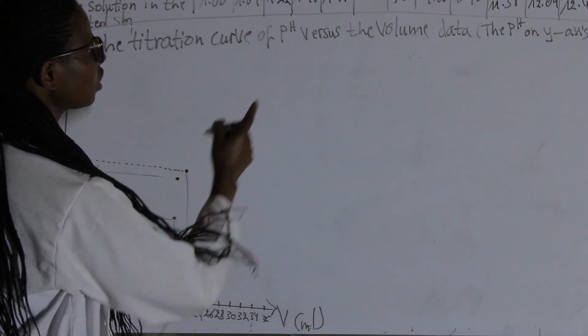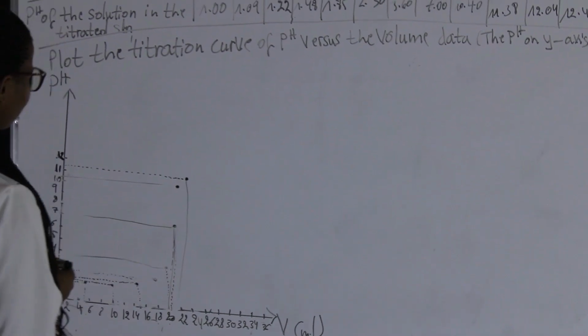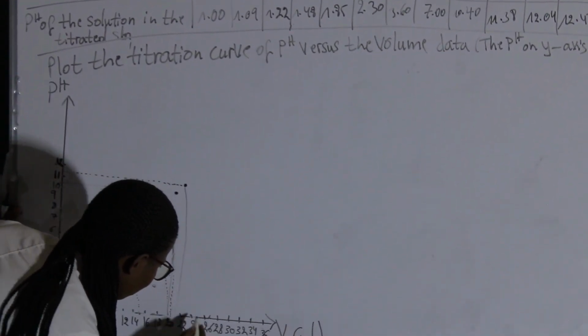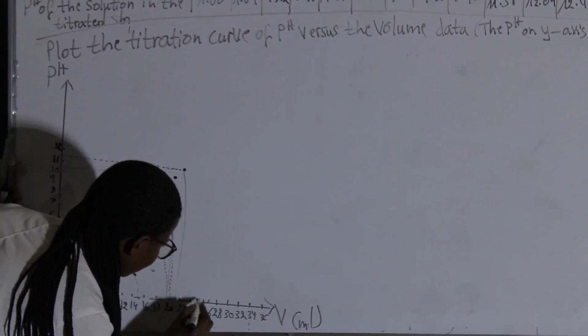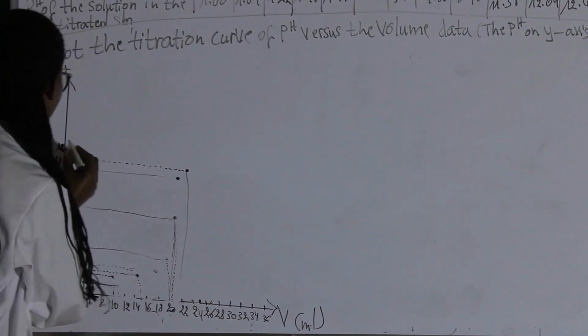Then adding 25.0 milliliters, the pH becomes 12.20, and 25 is just here.